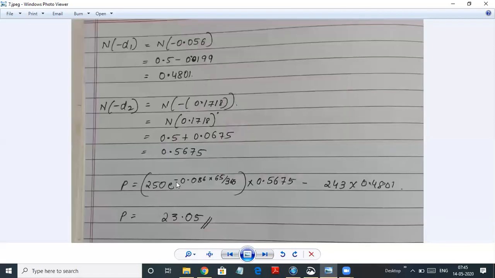So exercise price 250 into E raised to minus R 0.086 into T 65 divided by 365 into N minus D2, that is 0.5675, minus S naught 243 into N minus D1, that is 0.4801. When you solve it, you get 23.05. So this is the value of a put option.